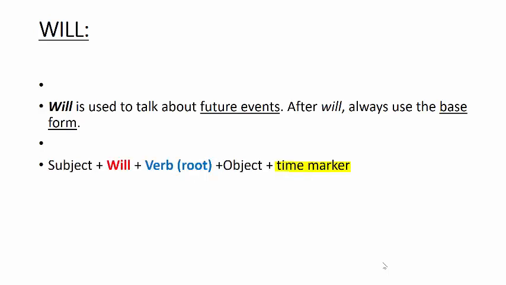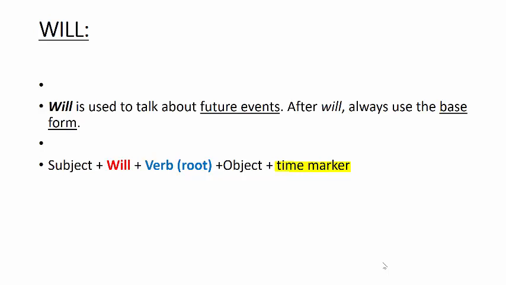And that's not a difficult thing to do. So just remember that. This is what your sentence will look like grammatically. You'll have the subject of the sentence plus will plus the root verb plus the object of the sentence and then a time marker.